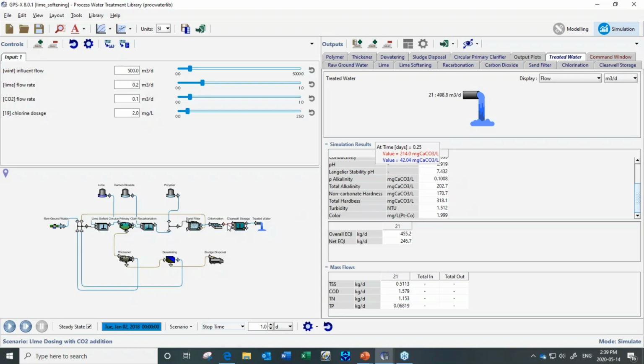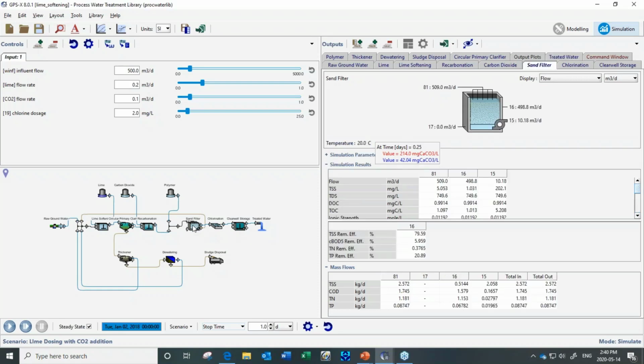So you can analyze the system in a very systematic way and try to look at what is the issue, what is happening at each and every point, because it produces a lot of information for you, not only at the influent and effluent, but also at every connection point in the treatment plant.